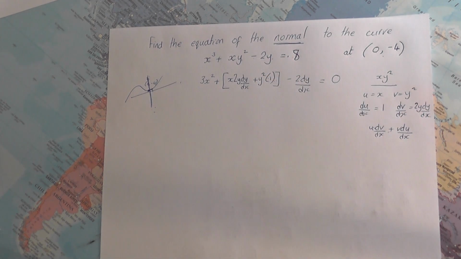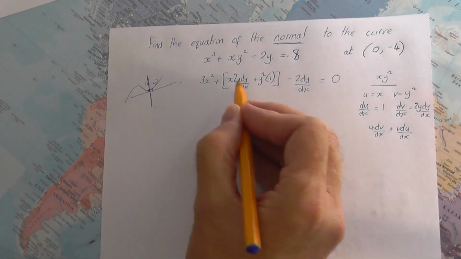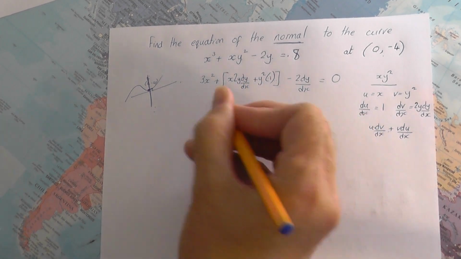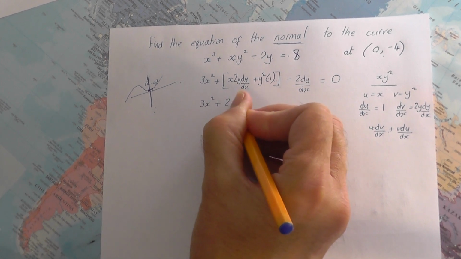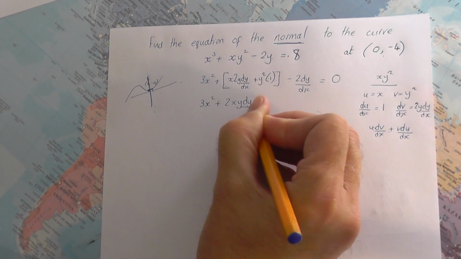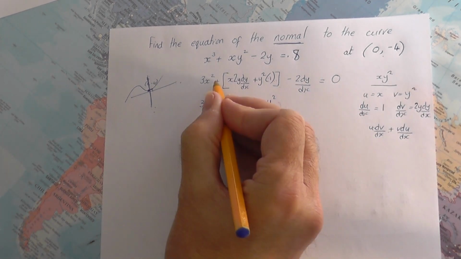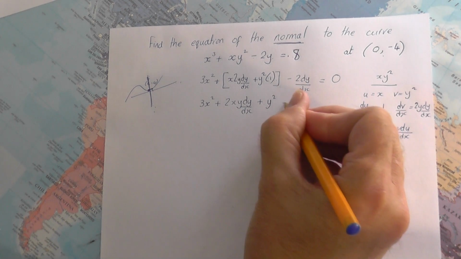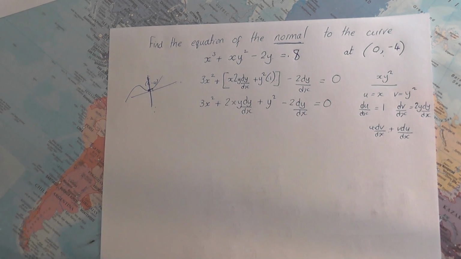So let's just rewrite this without the bracket, expanding out by the plus. So you get 3x squared plus, I'll put the 2 first, then the x, and the y dy by dx. Plus y squared. Both of these are pluses because that's a plus there. And then minus 2 dy by dx is equal to 0.